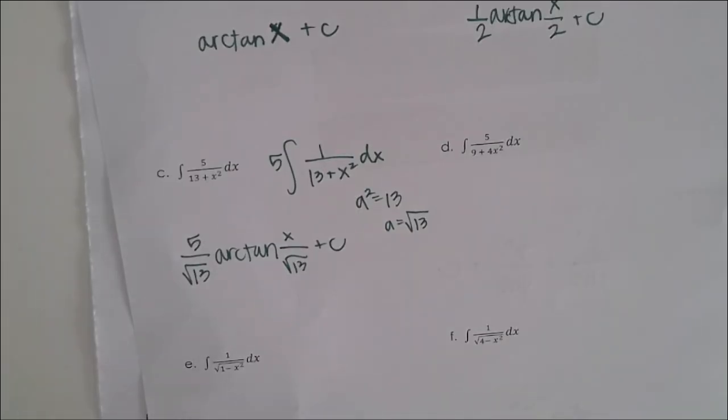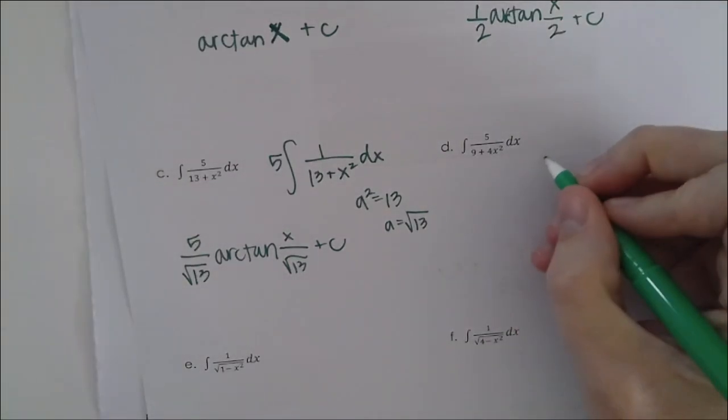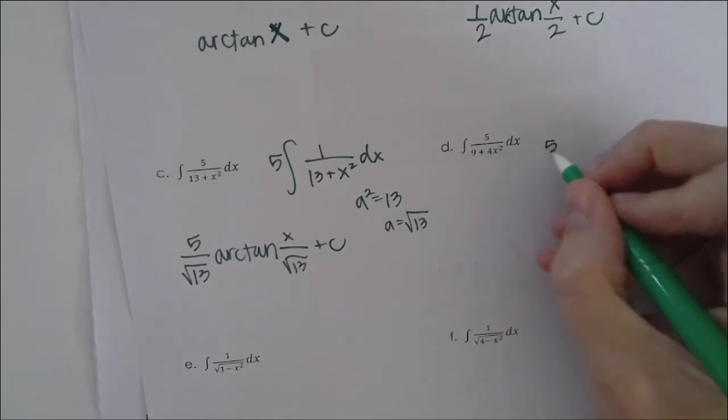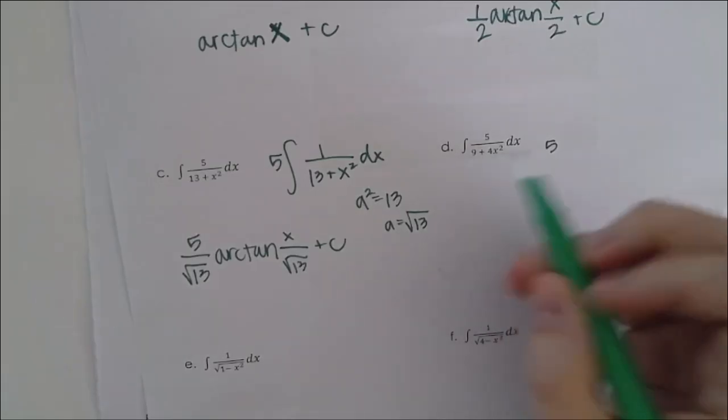On D, again, this is going to be an arctangent, but we have a little bit of manipulation to do. Okay, so in this one, the numerator has the 5. I want it to be a 1, so I'm going to factor that out. So then the denominator, I notice that this is not x squared, it is 4x squared. So what I'm going to do is I'm also going to factor out a 4.